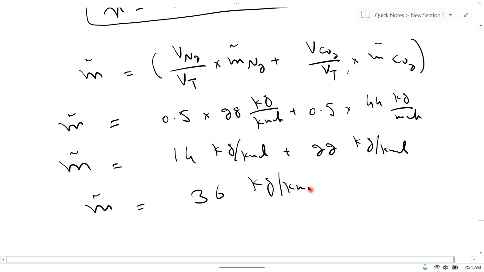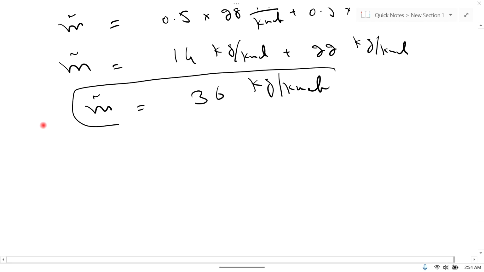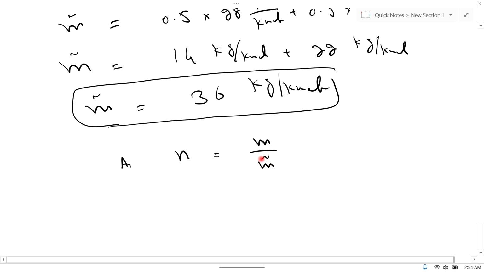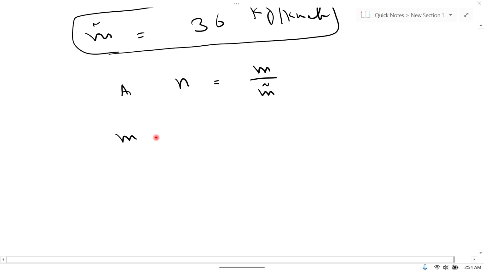Now we can easily find the mass. If the number of moles and the molar mass are given to us, then we can find the mass, because we know that the number of moles is equal to mass in gram divided by molar mass. So mass is equal to n multiplied by molar mass.